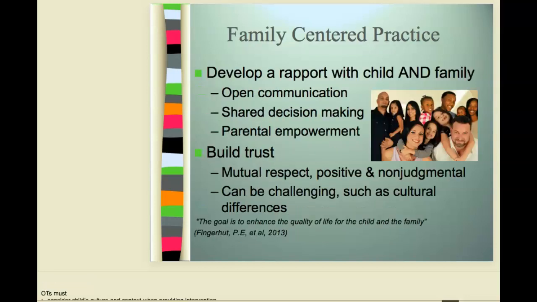Okay? And we talk about, again, all semester we've been talking about family-centered practice. And the best way to have family-centered practice is to develop a rapport with the child and the family. So you need to have open communication, which is very difficult, I can tell you, from experience in the school setting, but it is possible.